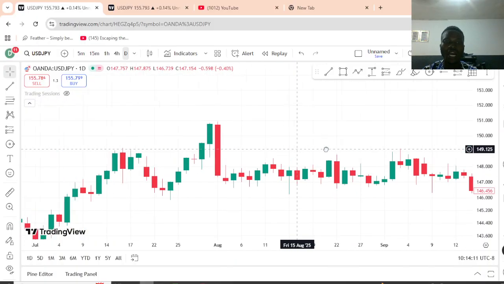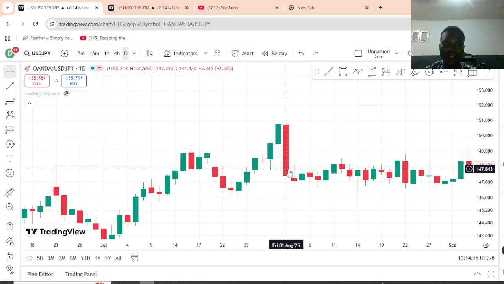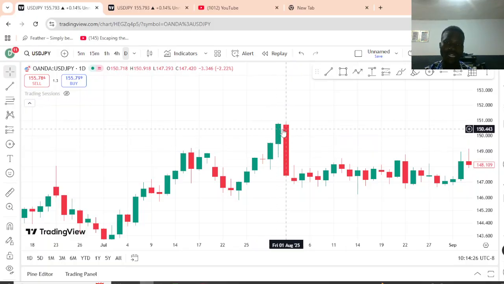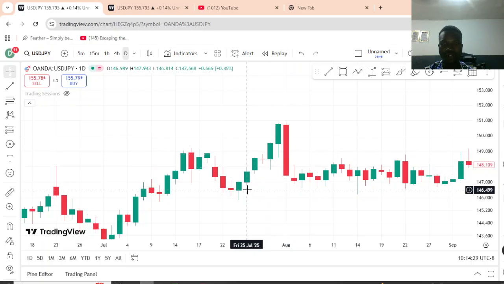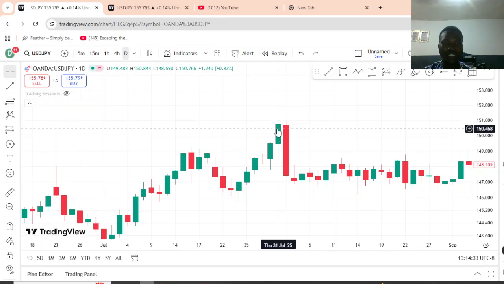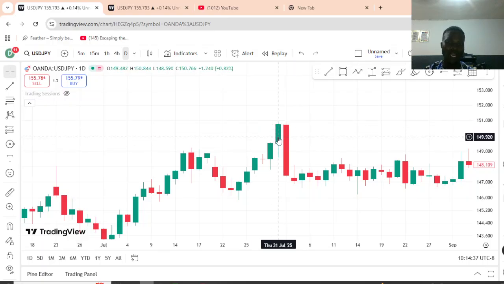But the one you are seeing here is the selling candlestick, so this is the bearish engulfing candlestick, because it consumed this previous candlestick. This green candlestick right here was actually buying from below here. But at a point in time, the sellers overpowered the buyers. So this is why we have this red candlestick.